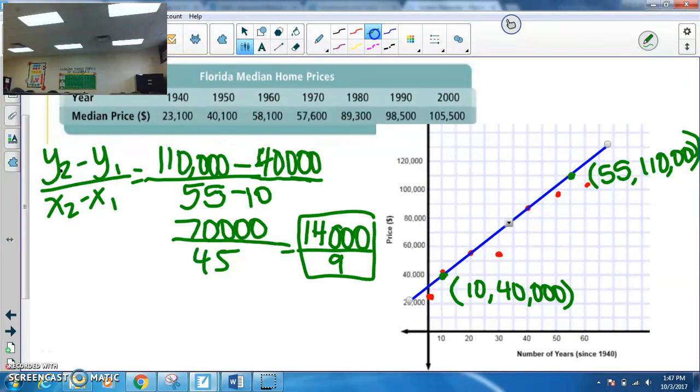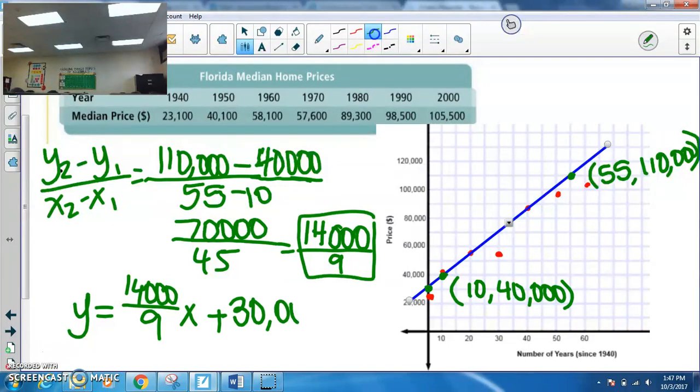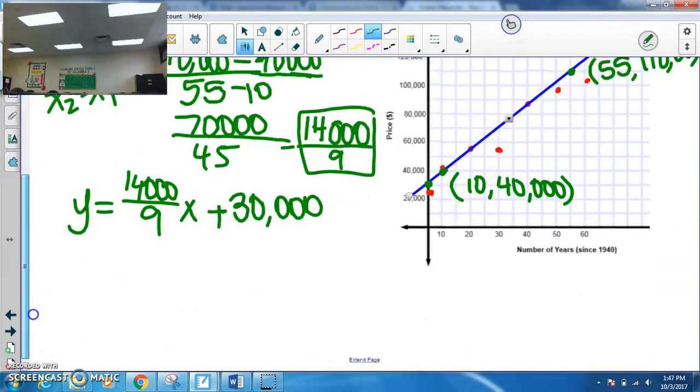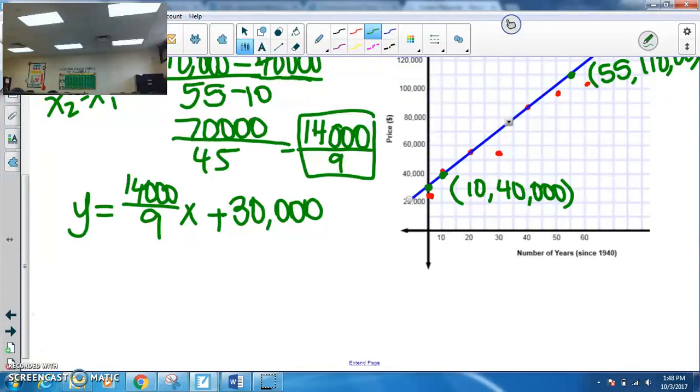That would be my slope. So if that's my slope and I have a y-intercept of 30,000, I could then write my line of best fit as y is equal to 14,000 over 9 x plus 30,000.